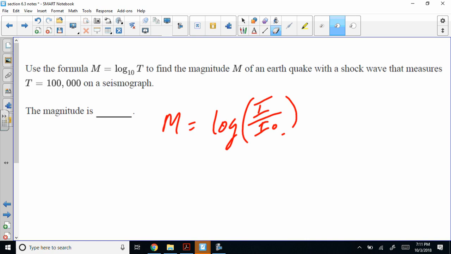I over some I sub 0, because the intensity is really measured in units of I sub 0, okay? So they put this down here to cancel out the unit, is what they do.